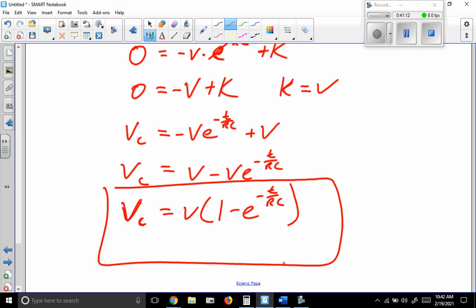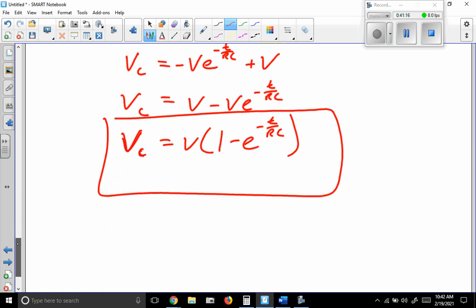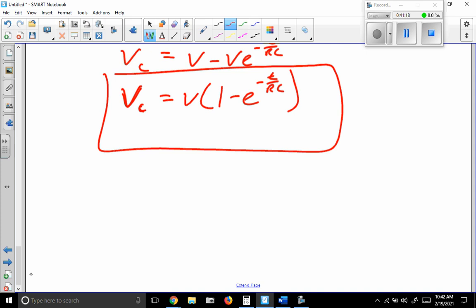For our specific problem, we had put our numbers in earlier, and then we took them out just to show a general solution. But this V here is the applied voltage. So I believe we applied 6 volts. t is our variable.